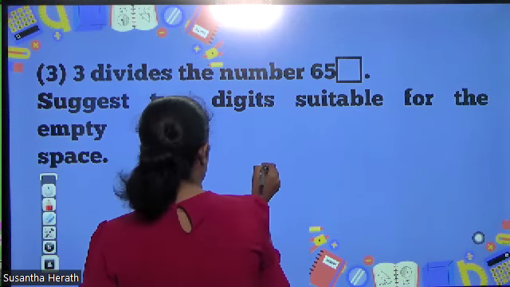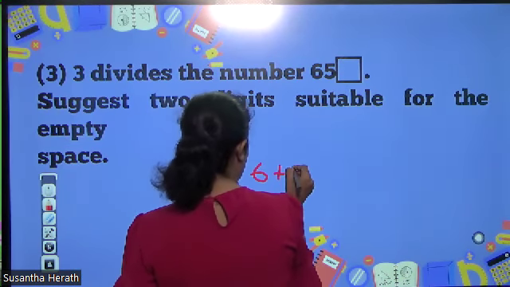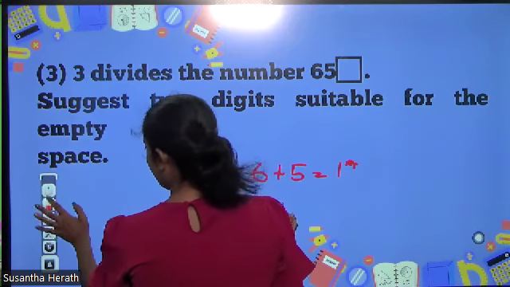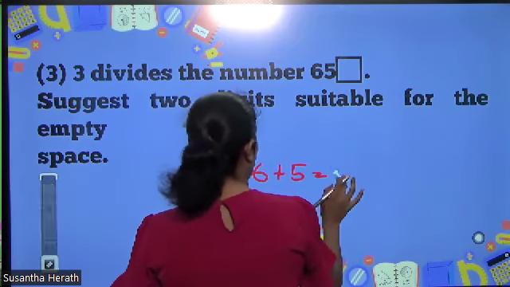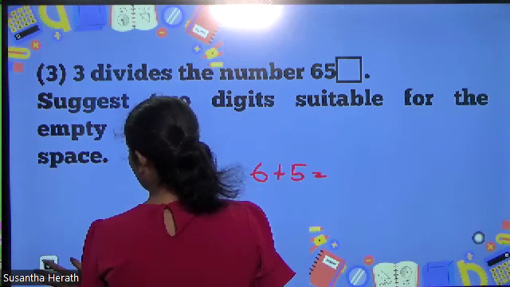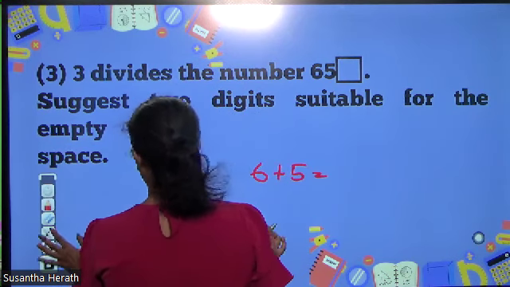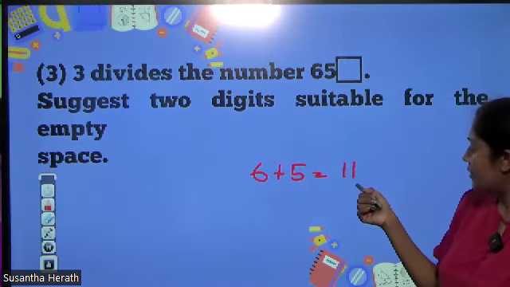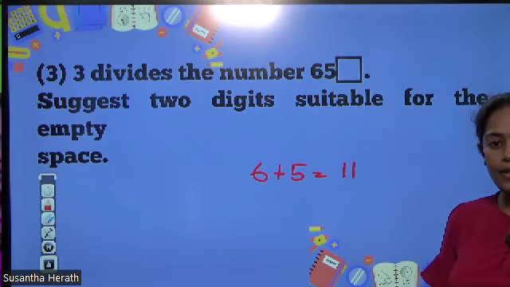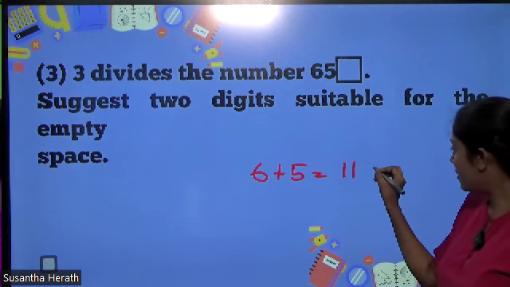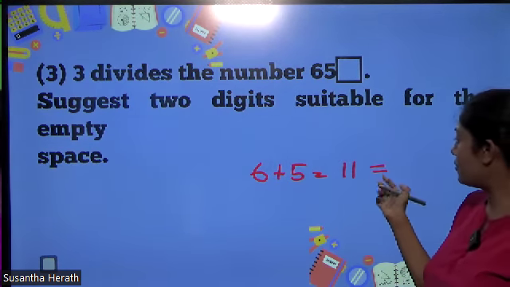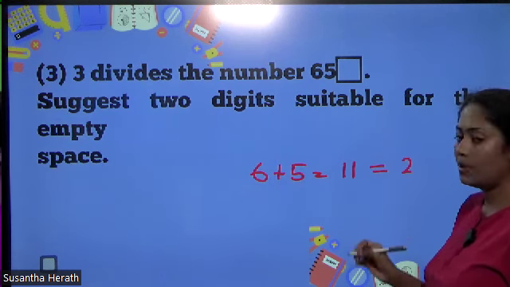Yes. So, can we divide 11 by 3 without remainder? No. We can write this one as 1 digit. Digital root is then 2.